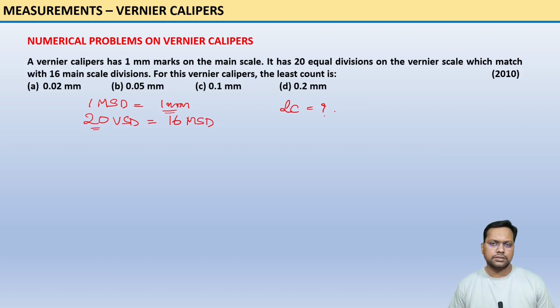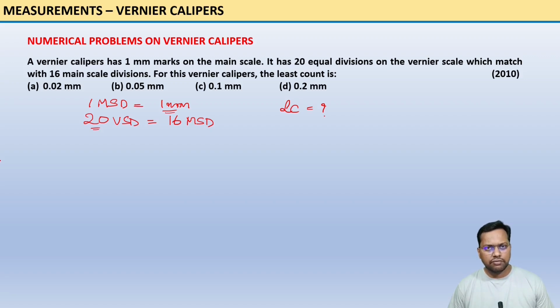No, because 1 main scale division divided by the number of Vernier scale divisions is the simplified formula for Vernier calipers following the principle that n VSD is equal to n minus 1 MSD. But if you see here, n VSD is equal to n minus 4 MSD. So therefore, we cannot use the formula 1 MSD by number of VSD.